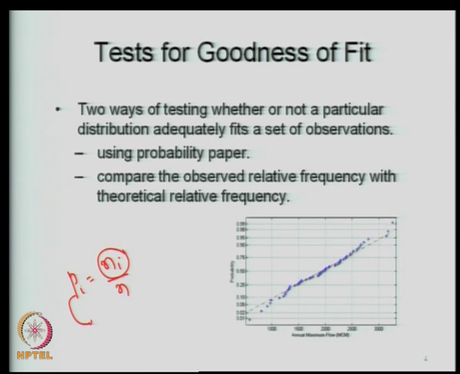Specifically, we introduce in today's lecture two classical tests that are available for doing this analysis. These are the chi-square test and the Kolmogorov-Smirnov test, both of which use the observed relative frequency and the expected relative frequency.